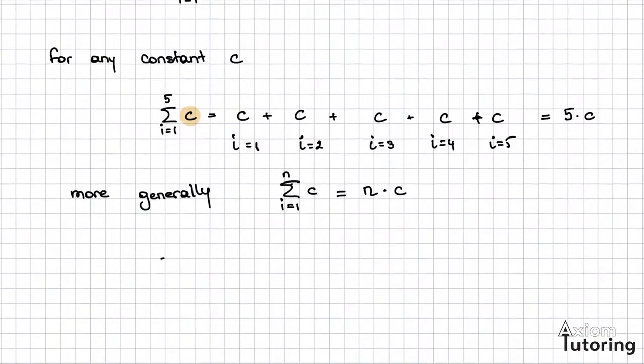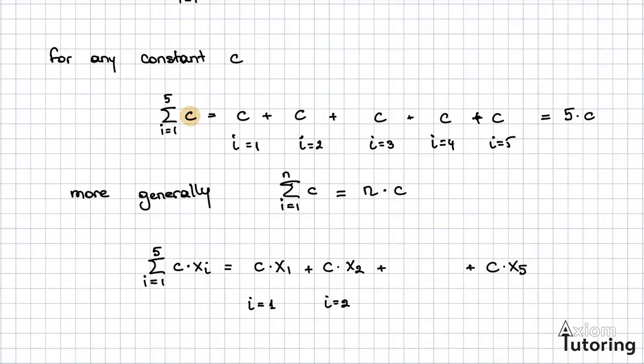Okay? Now, what if we change it a little bit? What if instead on my loop earlier in here, what if I had C times xi, from 1 to 5? Okay? In this particular case, I would have on the first jump, so when i is equal to 1, I will have the C, which doesn't change, but xi becomes x1. Then when I move to the second jump, on the loop, I will have C times x2, because the i, again, is the only thing that can be substituted. And then I can continue this until C times x5.